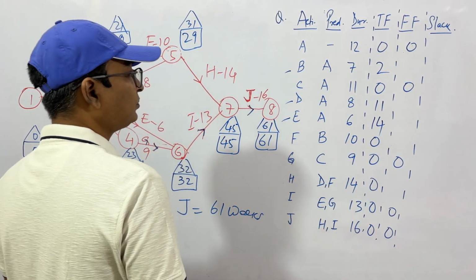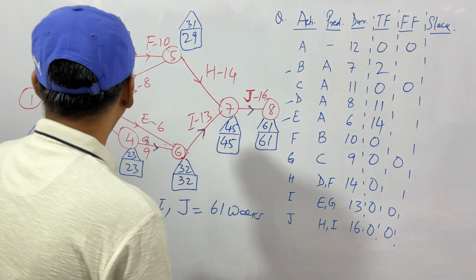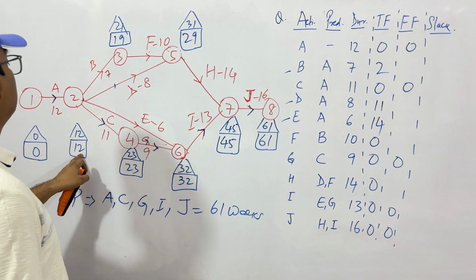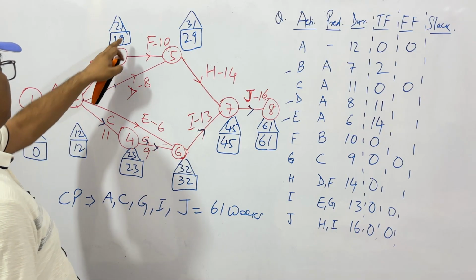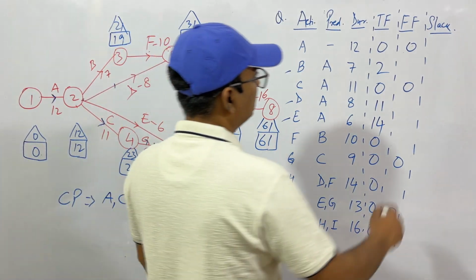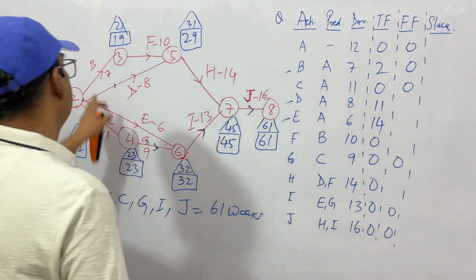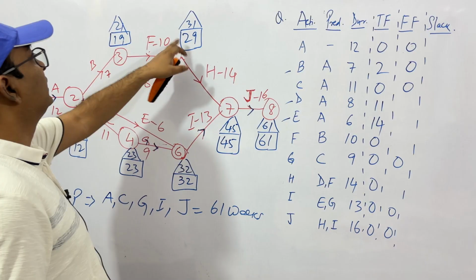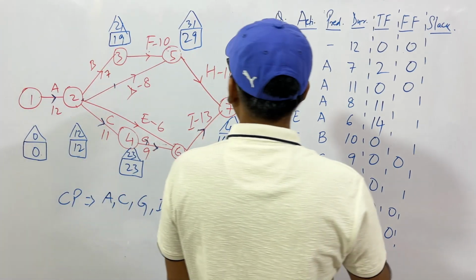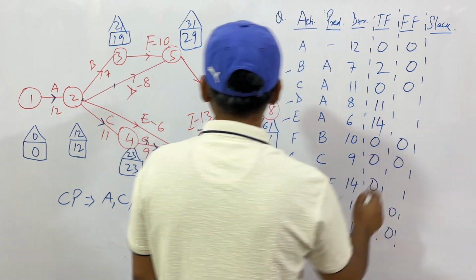No issue. Let's calculate for B. B is here. See, this is 12, this is 19. So 19 minus 12 is 7. And you have 7 days only. So you cannot delay it. So this is 0. You cannot delay start of B. Then this one, 29 minus 19, 10. 10 minus 10, 0. So F is again 0.